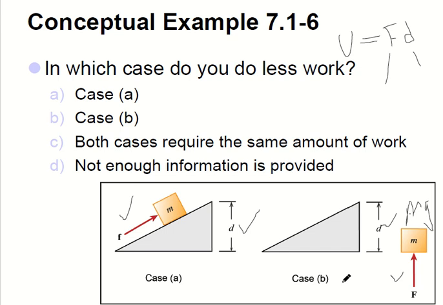So here you have calculated the force, and the distance is D. That's your work. You can go with U or W, it's the same thing. So let's figure this out. Here we already have the distance D, so we have to figure out the force.